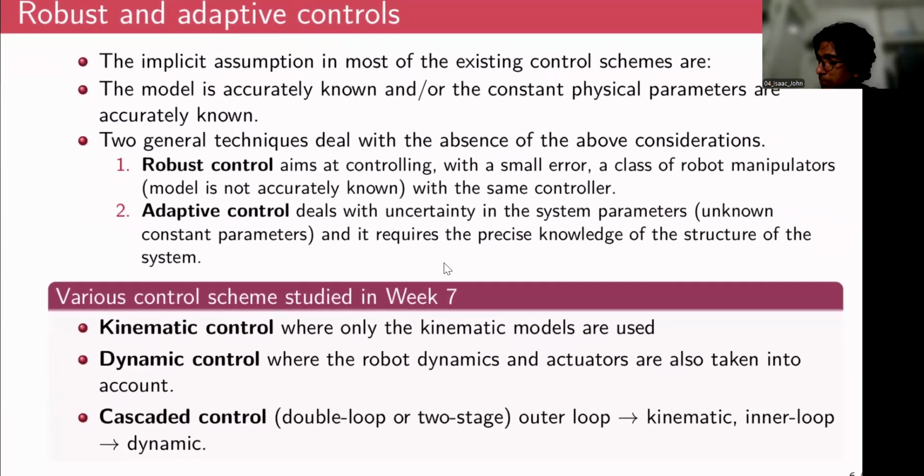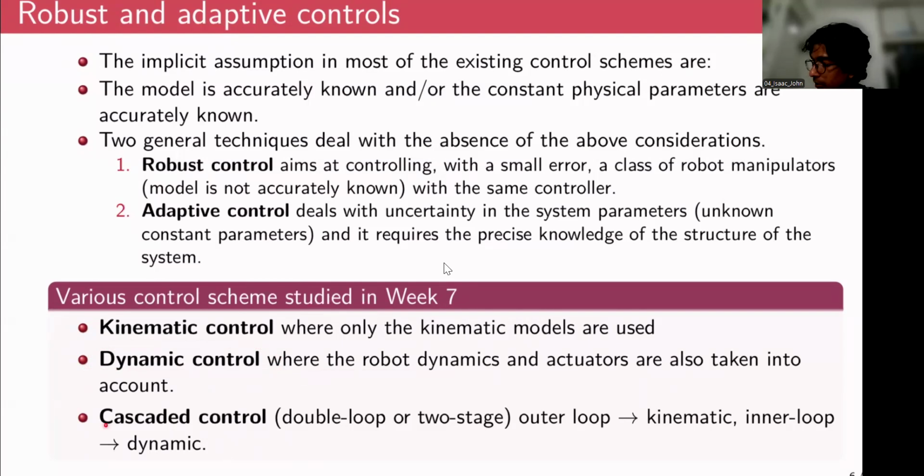And another control scheme that we have considered in the lectures of week 7 is kinematic control, where we only use the kinematic models for designing motion control of robots. And then we also see dynamic control, where we use the robot dynamic model, or the actual governing equations of motion, to design the motion controller.